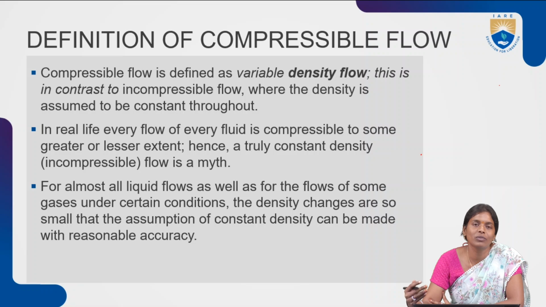That's why in compressible flow we say there is a change in density. When it comes to very low speed, there is a change in pressure, but in comparison the density changes are very small. So we take the density as constant.